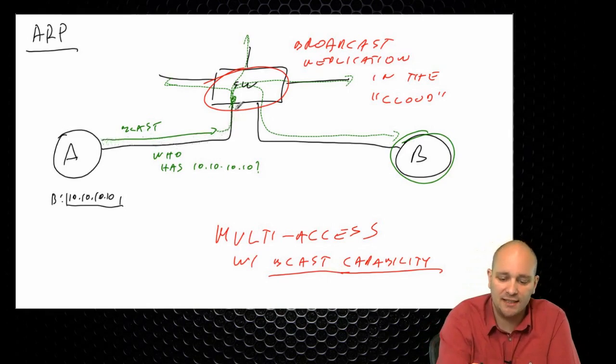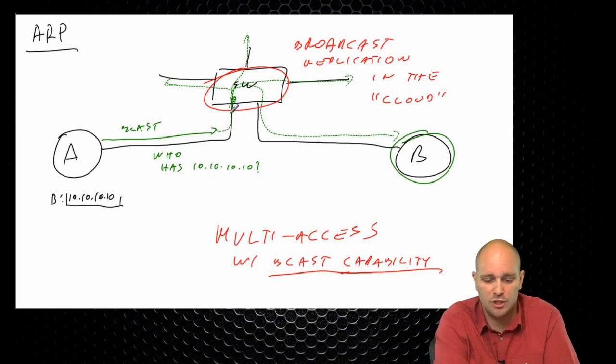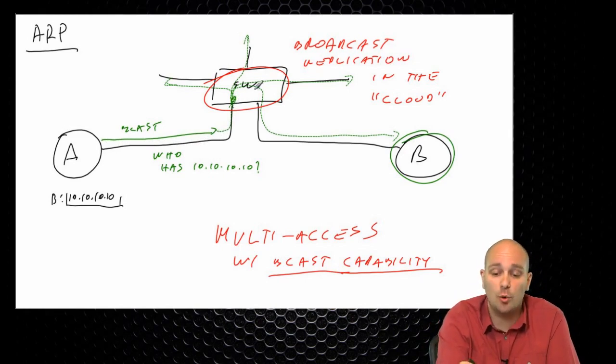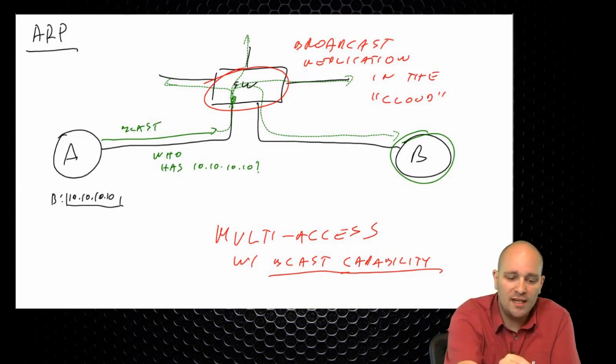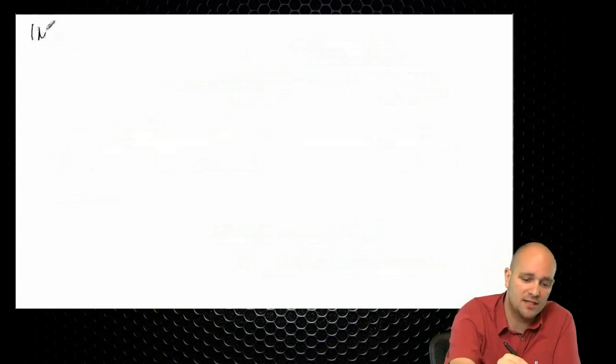We cannot send a single packet to a Frame Relay switch, or sorry, I should say a single frame to a Frame Relay switch, and tell it, hey, send this to everyone you know about. We cannot do that. So what inverse ARP does is something very, very different.